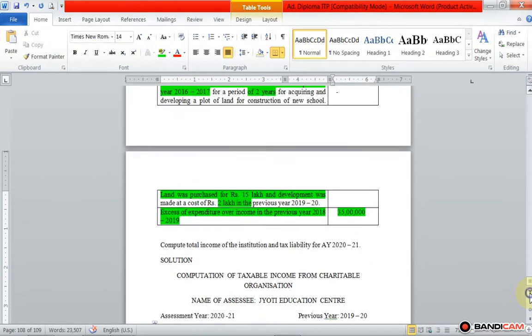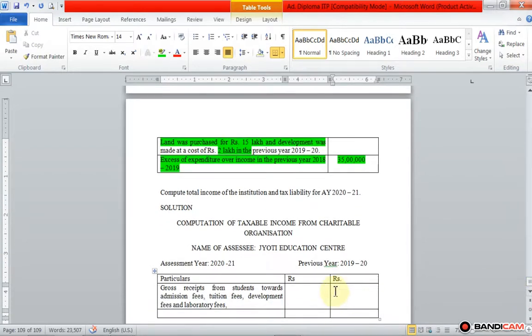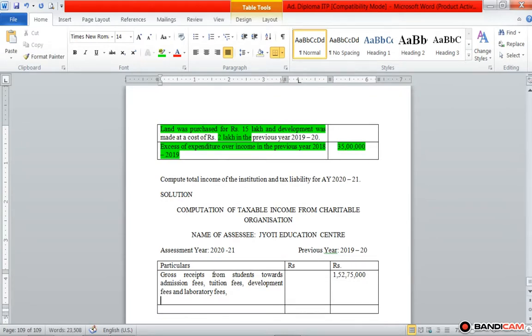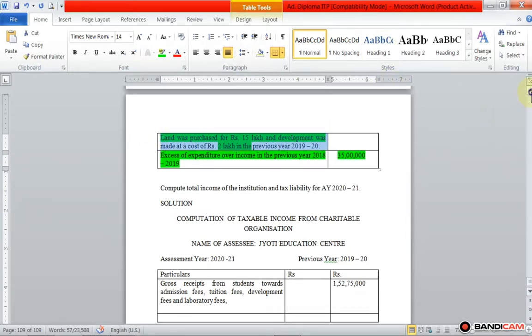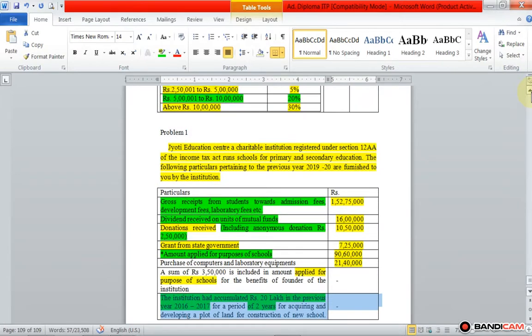Okay, so the tuition fee or gross receipt of the educational institution is given, that is 1,52,75,000. Then second income is dividend received.